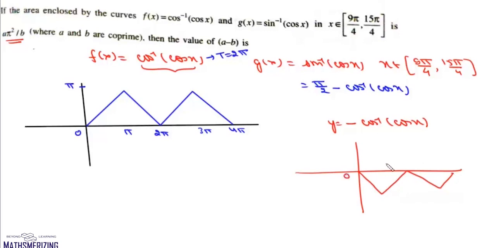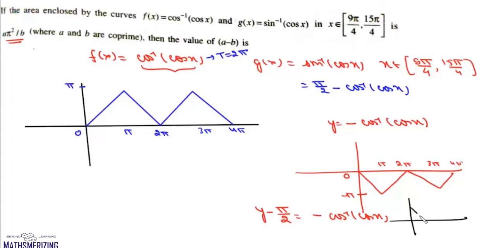this graph 0, pi, 2 pi, 3 pi, 4 pi, and here this value will be minus pi, and then we'll take the transformation y minus pi by 2 equals minus cos inverse of cos x. Now y minus pi by 2 means we have to shift this entire graph pi by 2 units along the positive y-axis.